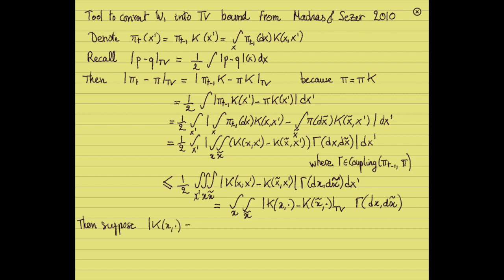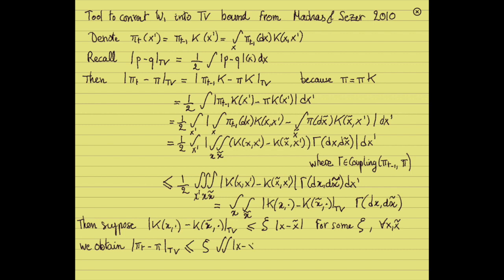So that's useful. Why? Because if we next assume that in fact this total variation distance between the two transitions conditioned on x and x tilde is less than some constant times the difference between x and x tilde, so it's some sort of again Lipschitz continuity between the transition densities, then we obtain that the total variation between pi t and pi is less than this constant, here denoted by zeta, times the expectation of the difference between x and x tilde under the coupling gamma, which is any coupling of pi t minus 1 and pi.